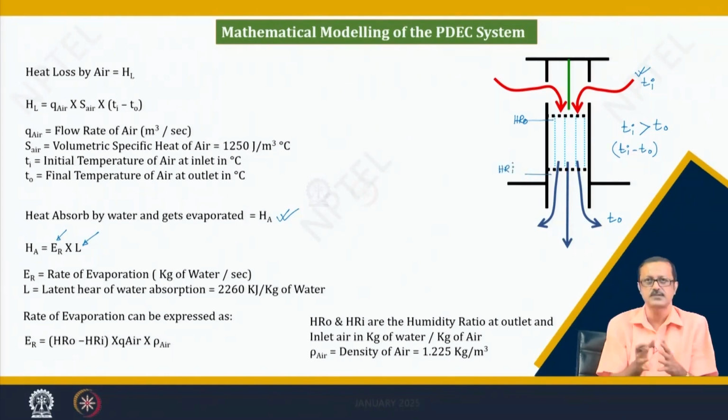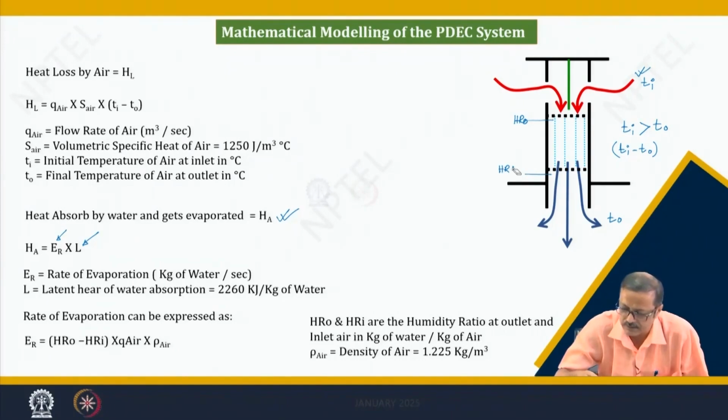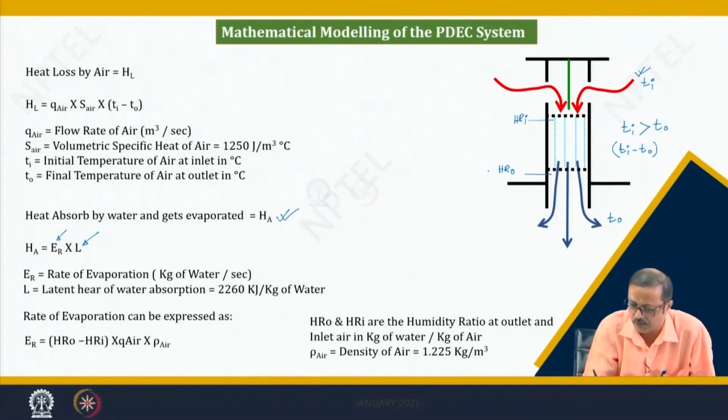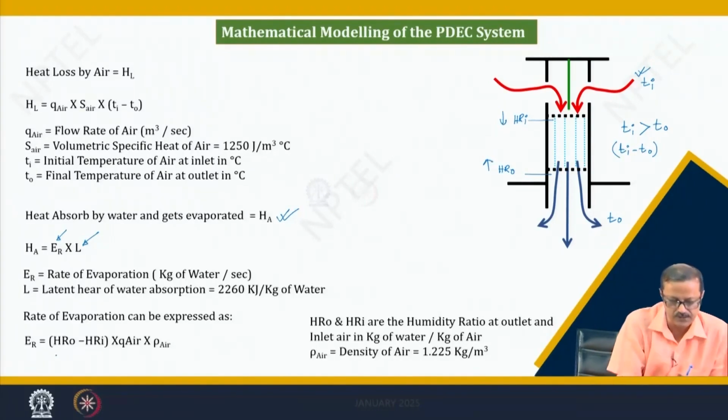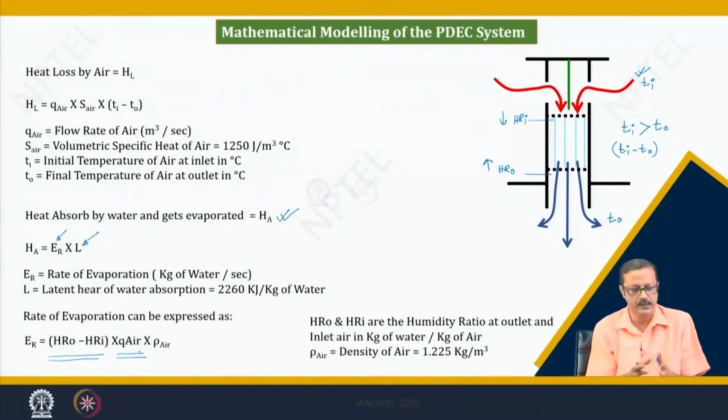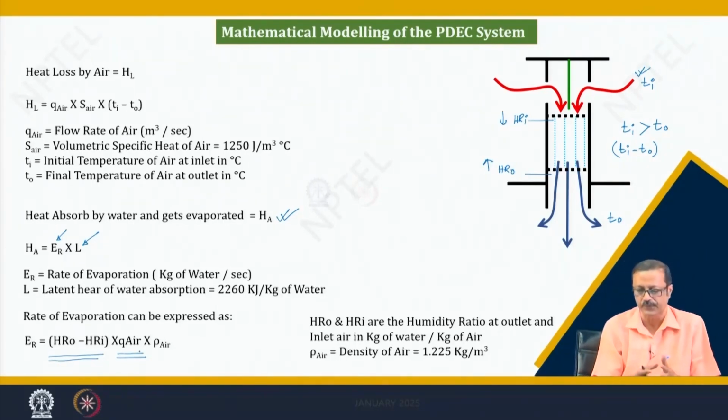So, there is a difference. Definitely this will be high, and this will be low. So, from this high to low, the difference of the humidity ratio is multiplied by the Q of air, that is the flow of the air, and multiplied by rho of air, the density of air.